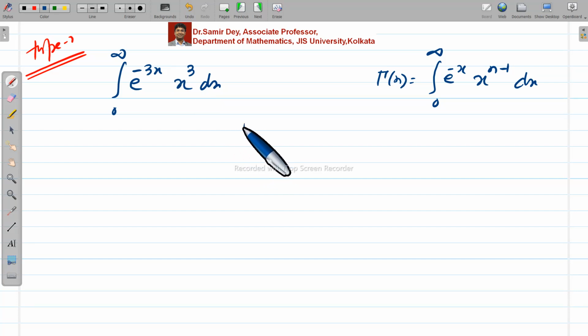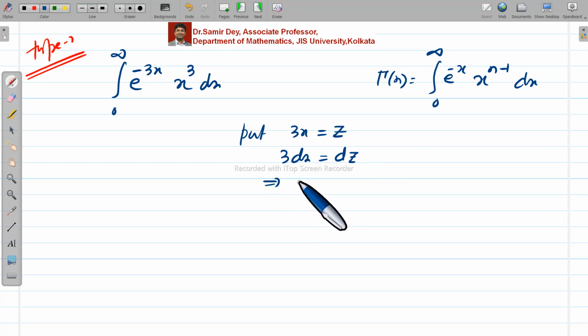So please write down: put 3x equals z. Then 3 dx is equal to dz. And from here you may write dx equals dz by 3. Okay, so now here basically when you are putting 3x equals z, you are replacing the x variable in terms of z.